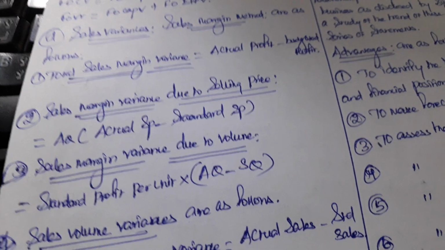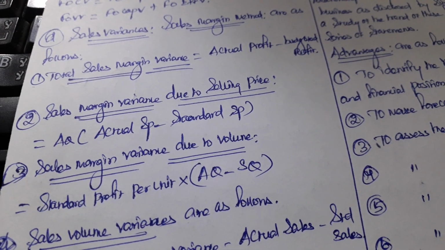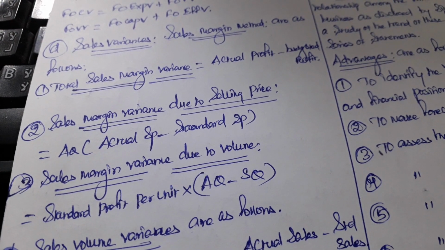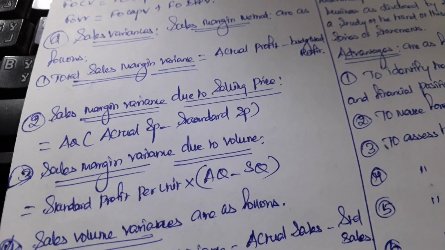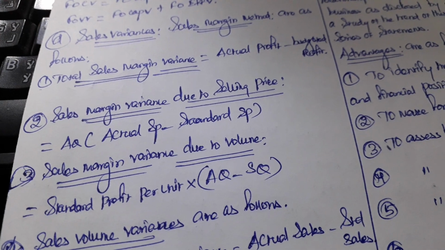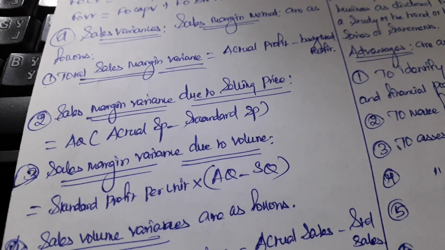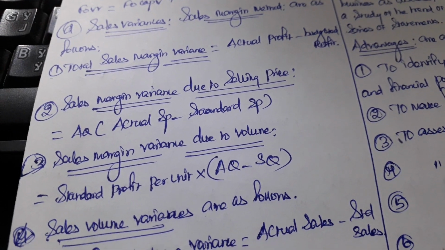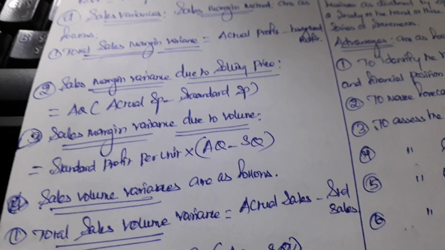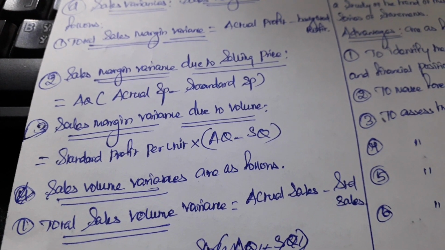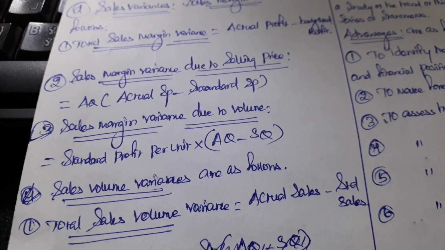It is similar to the material price variance. Instead of the actual price, we have to replace it with the actual selling price and the standard selling price. The formula is actual quantity into actual selling price minus standard selling price. Next type is the sales margin variance due to volume.